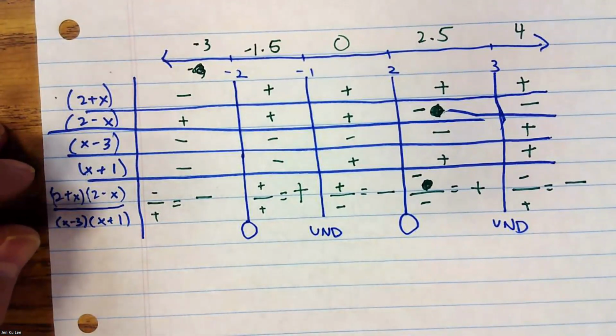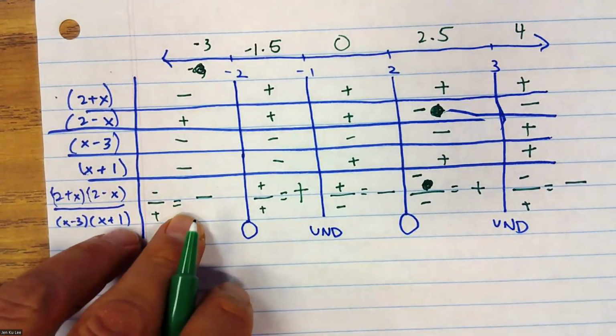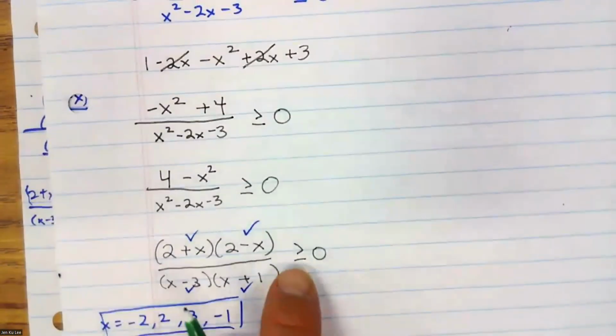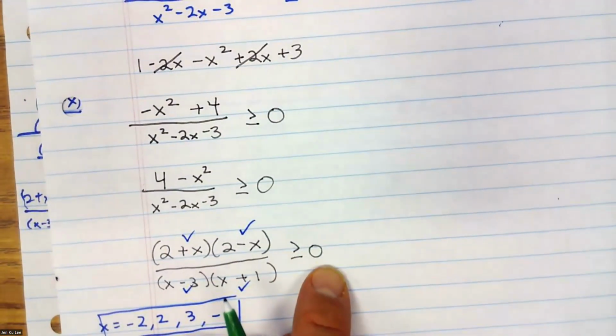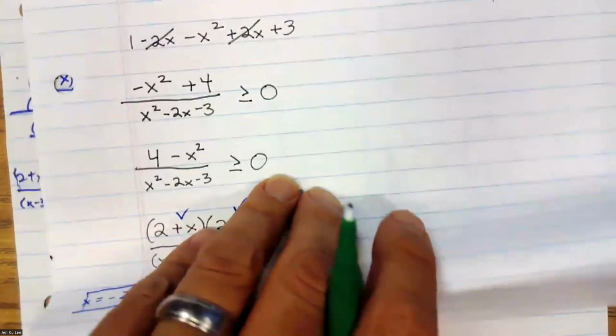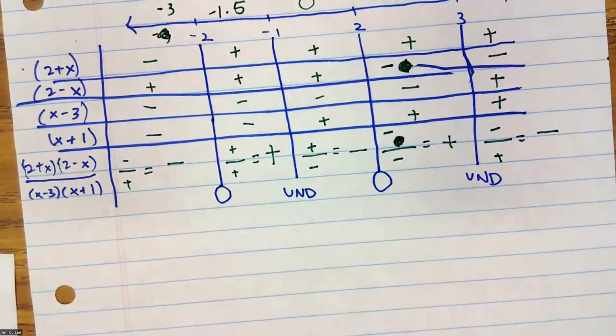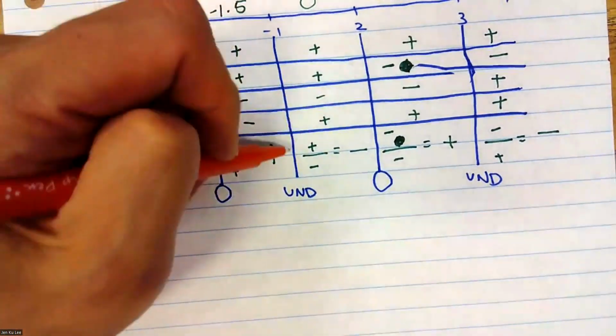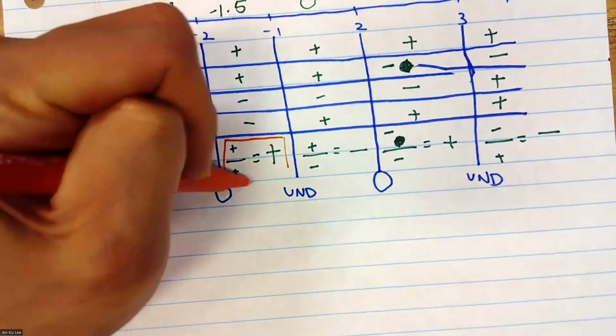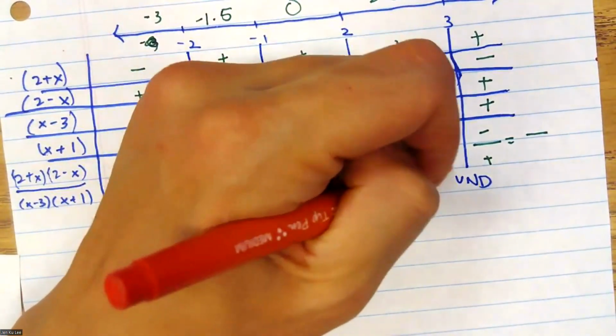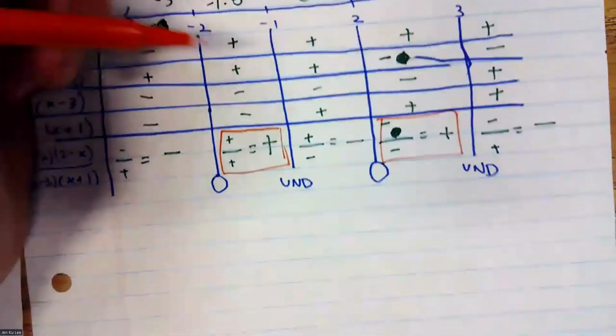So what am I interested in? If I look back at our original question, it's greater than or equal to 0, right? So if it's greater than or equal to 0, I want positives, which would be here and here. Okay?